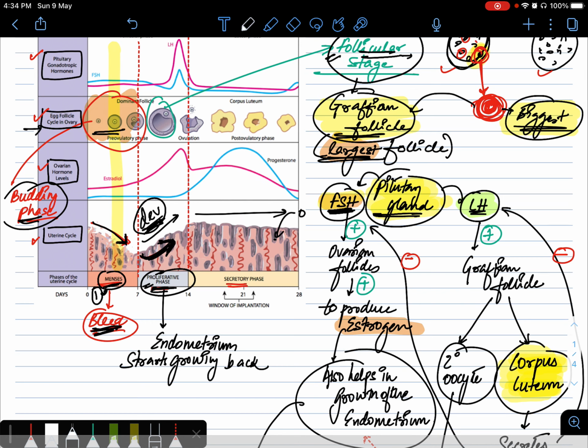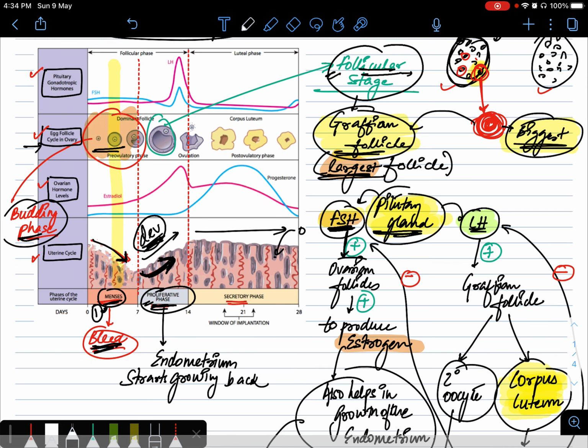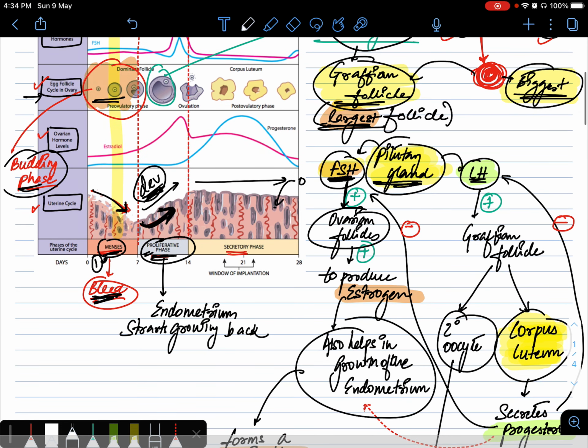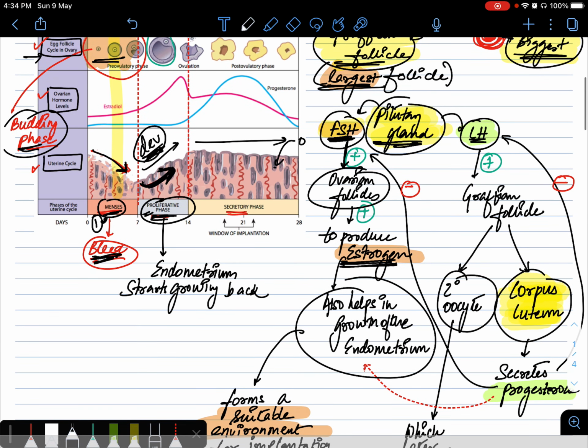So what does FSH do? FSH is secreted from the pituitary gland. It will stimulate the ovarian follicle, it will stimulate the ovaries and produce estrogen. We know there are two main hormones in the female body, the estrogen and the progesterone. So FSH will stimulate the ovaries to secrete estrogen.